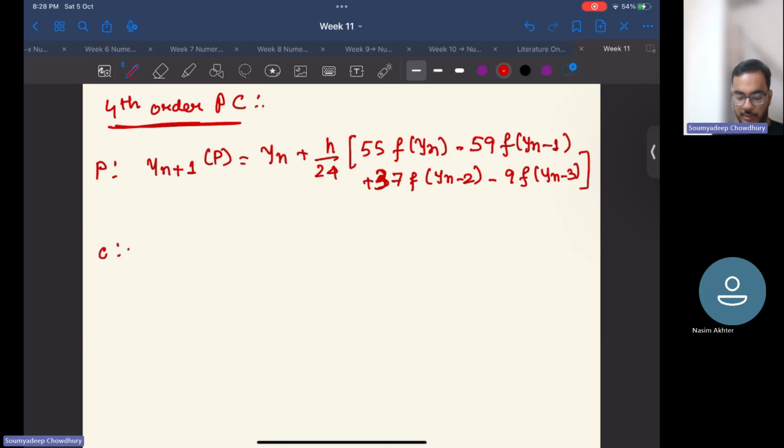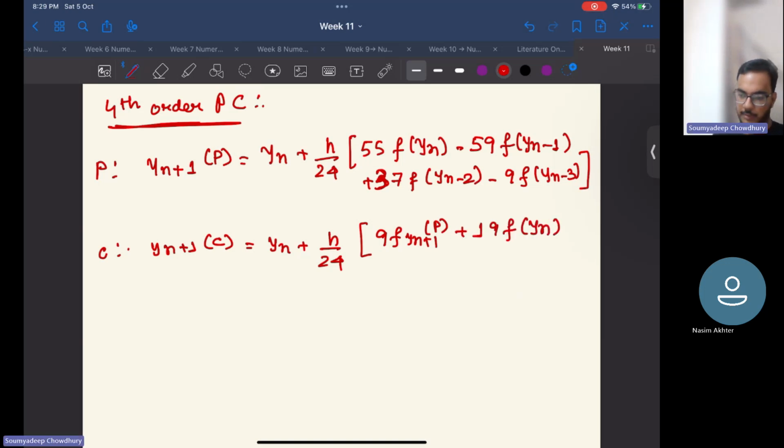And the corrector equation is Yn plus 1 corrected equals Yn plus h by 24 times 9 times f of Yn plus 1 predictor plus 19 times f of Yn minus 5 f of Yn minus 1.